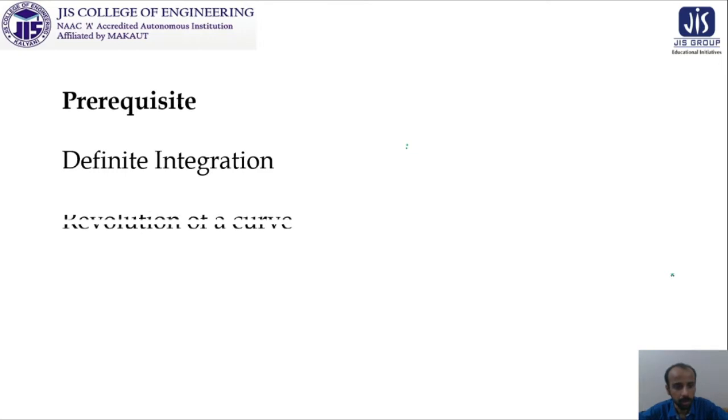The next thing we need is the revolution of a curve. When a curve is given and it revolves, the question will come: on what axis will it revolve? It can revolve with respect to the x-axis, the y-axis, or even a given straight line.